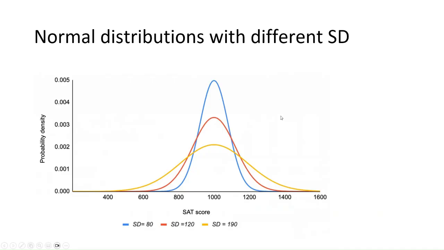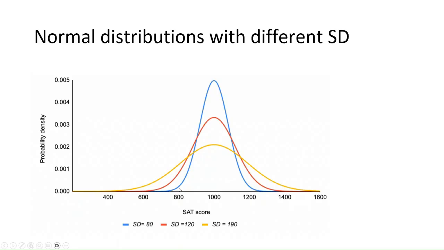Now, even though a normal distribution has a consistent shape, its appearance can actually vary quite a bit depending on how spread out the data is, that is, based on the standard deviation. If the SAT scores are tightly clustered around the mean, like what you see in this blue curve here, the standard deviation is low.